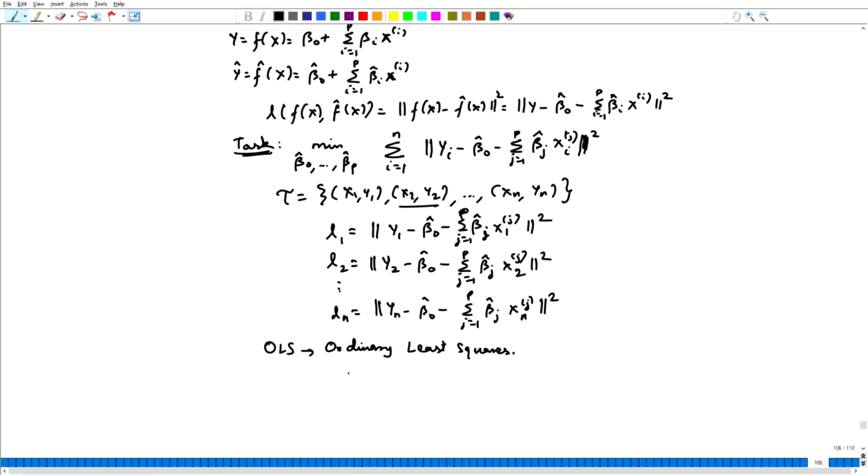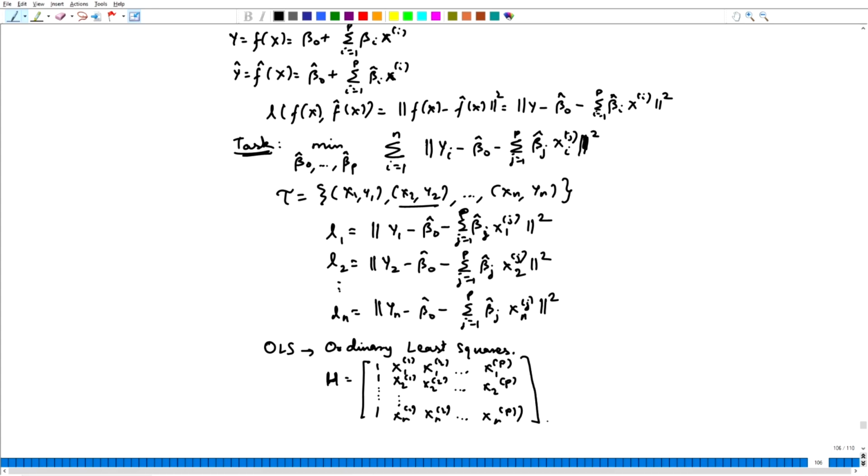I can write this, let us say, as matrix H. Put this as 1 1 dot dot dot 1, and here you write x1 1, x1 2 dot dot dot x1 p, x2 1, x2 2 dot dot dot x2 p, dot dot dot xn 1, xn 2 dot dot dot xn p.